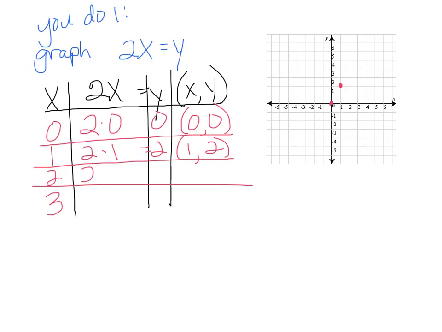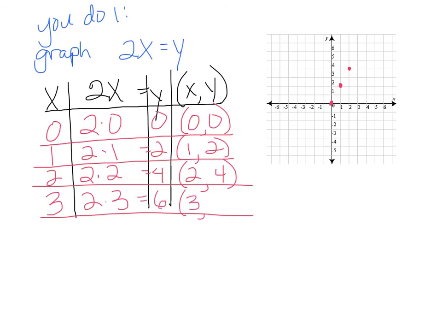If x is 2, then it's 2 times 2, which is 4. So when x is 2, y is 4. So 2 on the x, 4 on the y. There. And finally, when x is 3, then it's 2 times 3 equals 6.